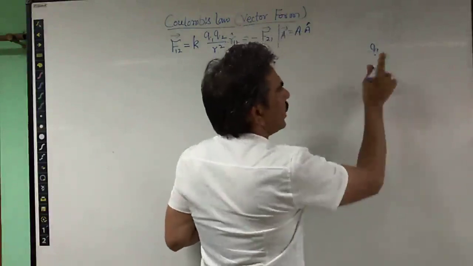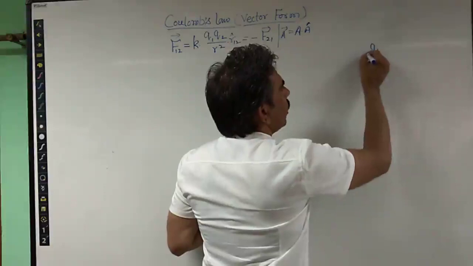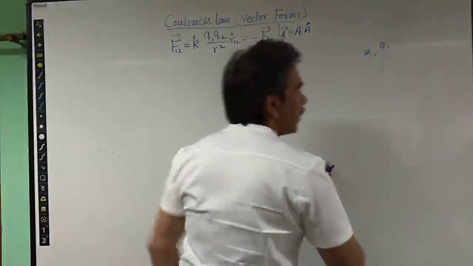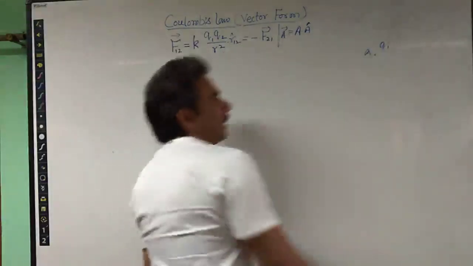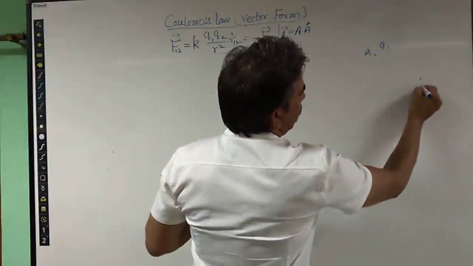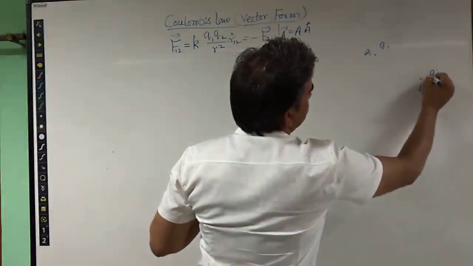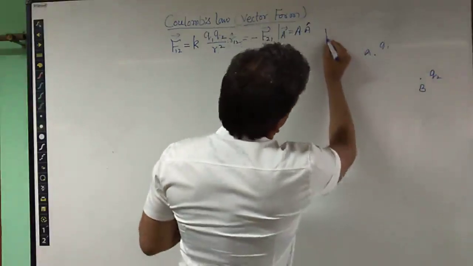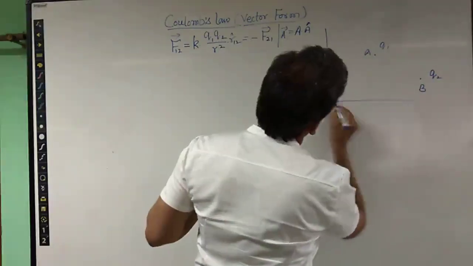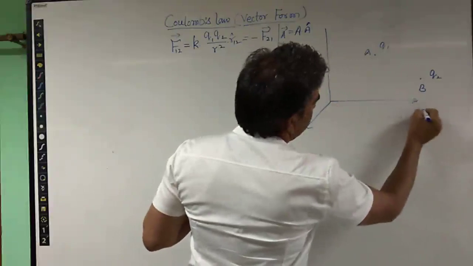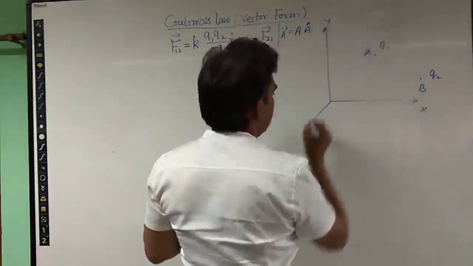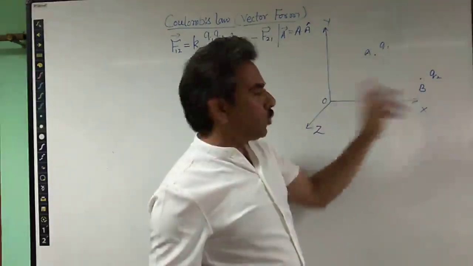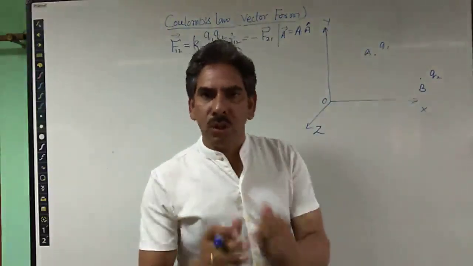So suppose that Q1 charge is at position A and there is another charge which is at position B. Let it be named Q2, and we have a coordinate system x, y, z, according to which we define the positions of these two charges which are under consideration for Coulomb's law.